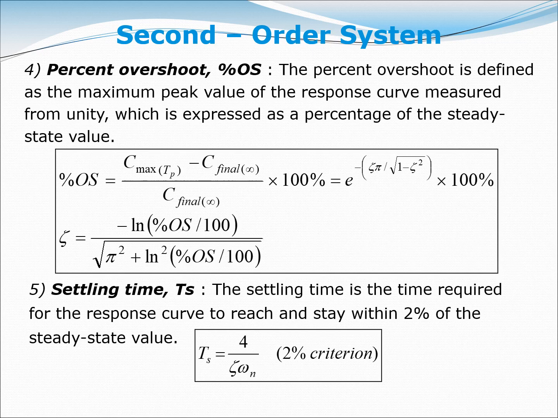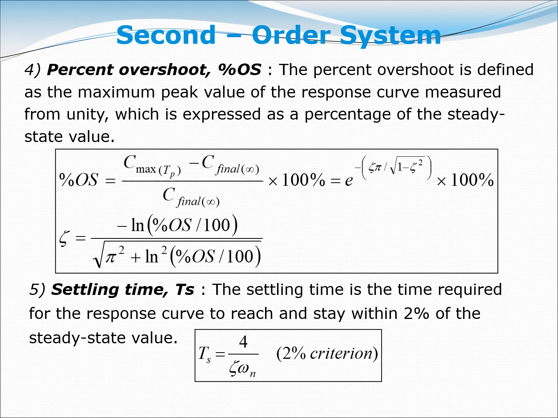Next is the percentage of overshoot. The percentage of overshoot is defined as the maximum peak value of the response curve measured from unity, which is expressed as a percentage of the steady state value. So the formula is given below, where percentage OS equals C max at TP minus C final at infinity, divided by C final at infinity, which is at steady state.